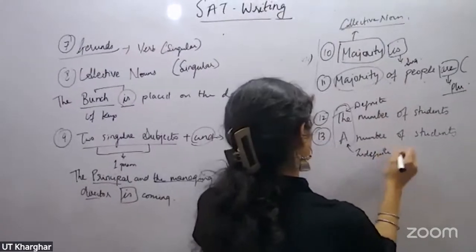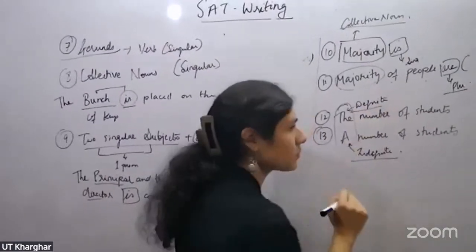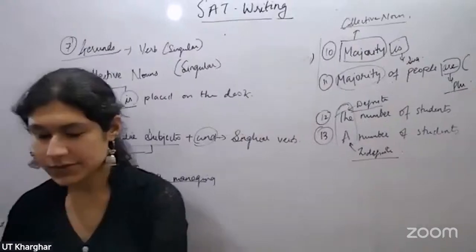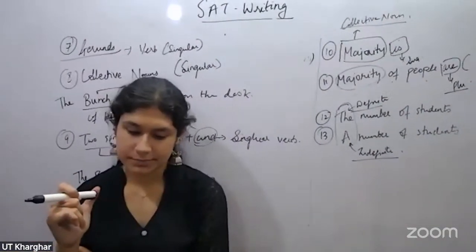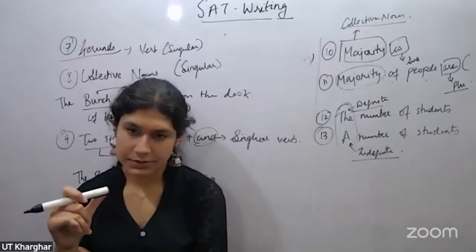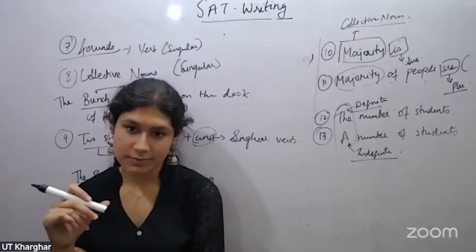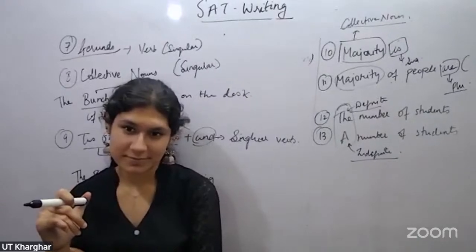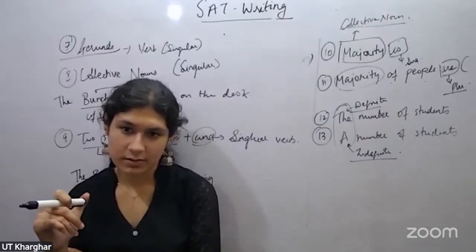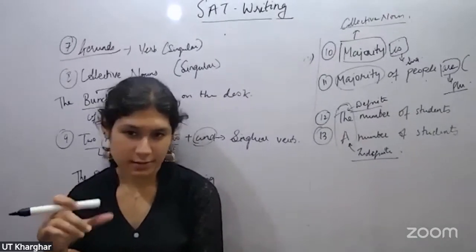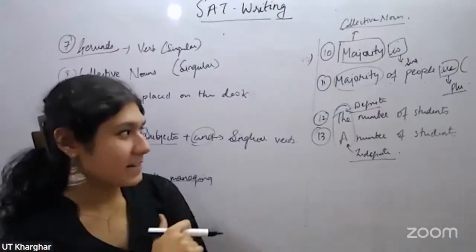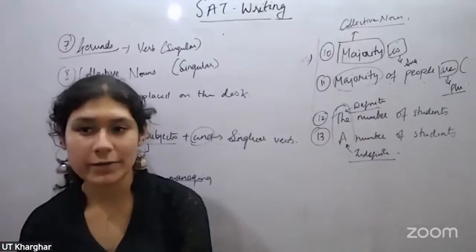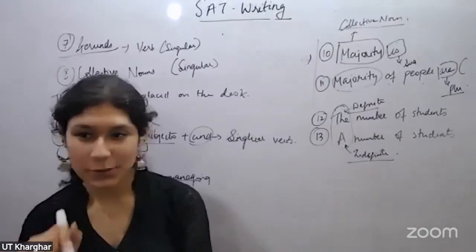Now here, as it is specifying the students, the number of students, what do you think will be the verb, singular or plural? The right sentence would be "a number of students are going for the trip." "The number of students are going for the trip" is wrong.